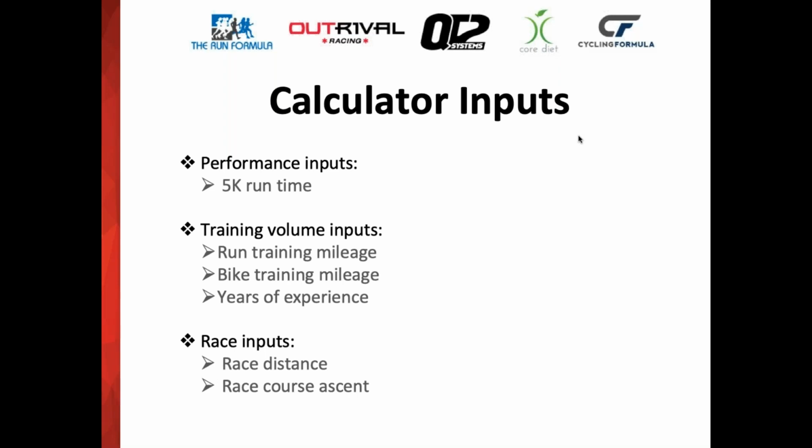So not only what are your training paces throughout this training cycle for this A race that you're talking about, but also what has been your run mileage. If you've also been biking, what has been your bike mileage? How many years have you been doing this? So how many years have you been training at this type of level? Obviously, what is the race distance you're training for, and what does the race course look like?